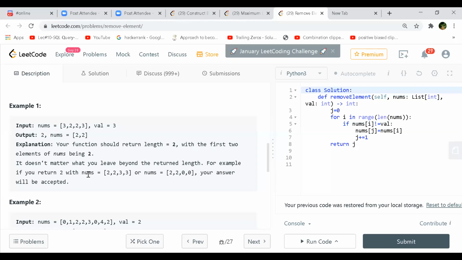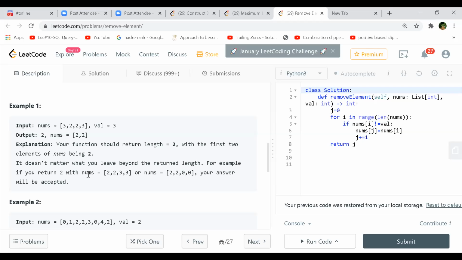We have two 3s in the nums array. So I named the pointers slow runner and fast runner. Initially, they're both pointing at index 0. If the fast runner is not equal to the value, then copy the element from the fast runner to the slow runner.